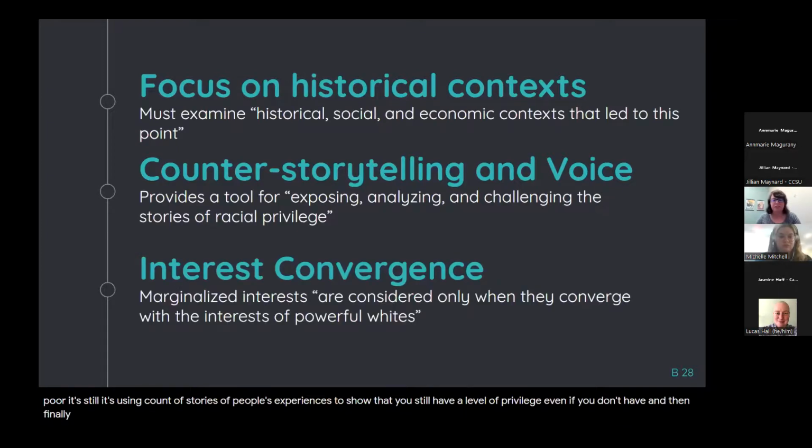And then finally, interest convergence. So this is the idea that marginalized interests are considered only when they converge with the interest of powerful whites.